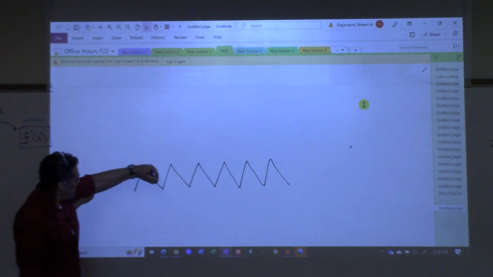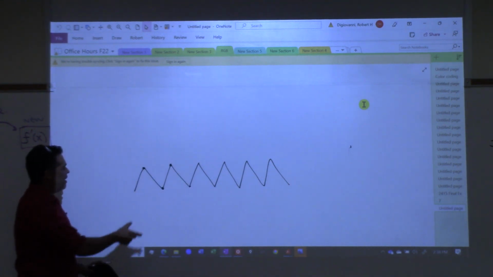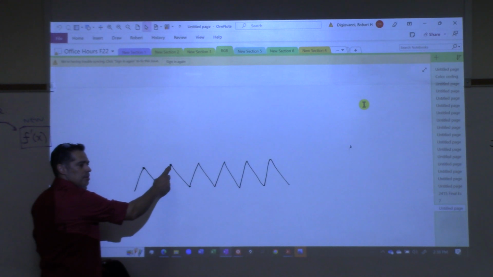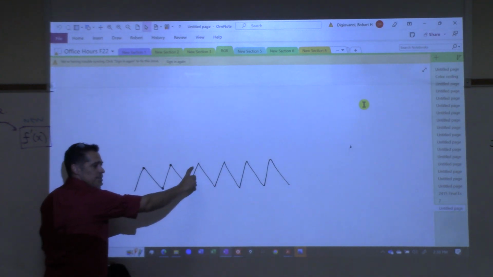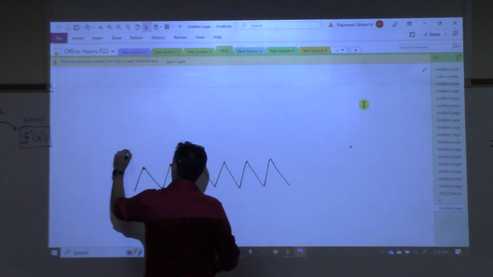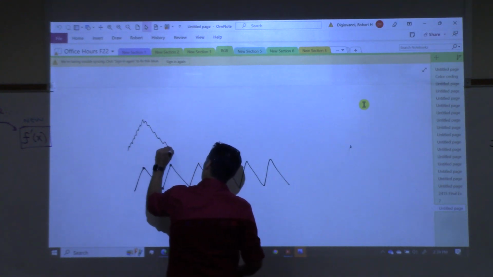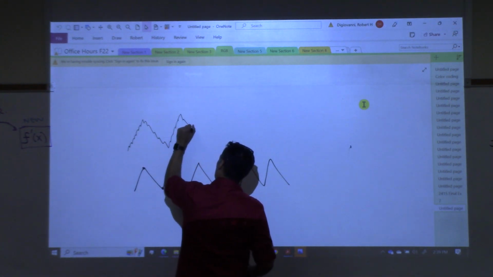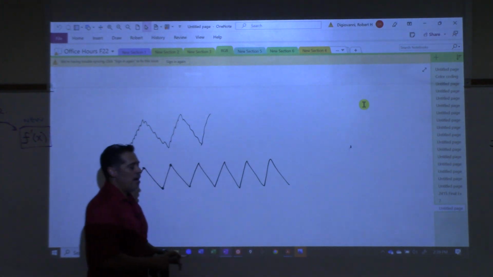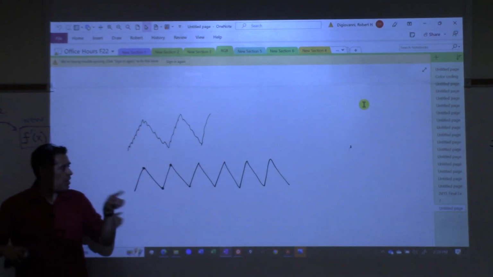Every one of these peaks, every one of these corners, I would fail to be differentiable. But I'm still continuous here and differentiable in all these other places, right? So instead of drawing it like that, let me draw it like this. Think of these as a saw blade, the teeth on a saw blade.